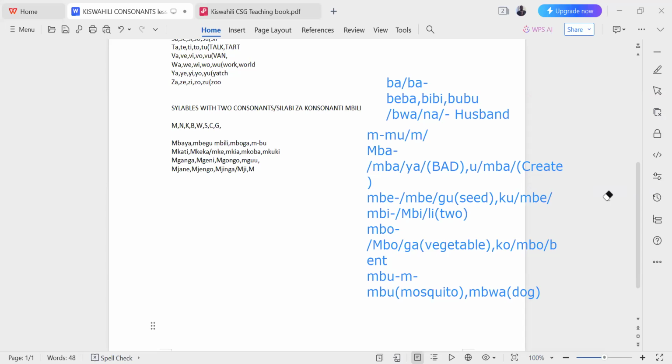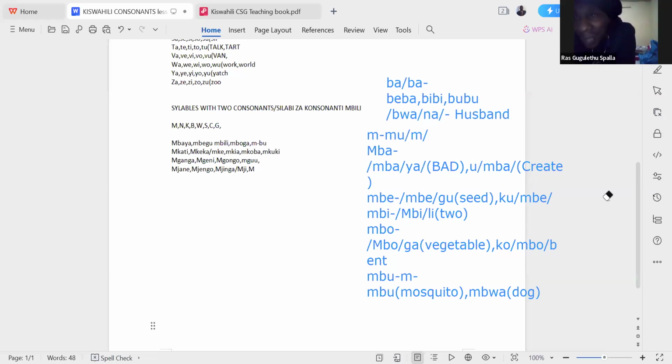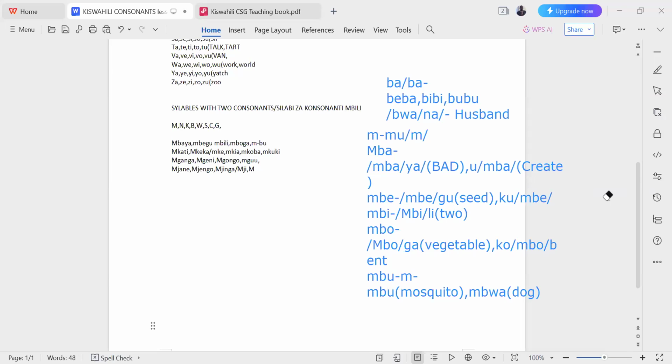Then the second one, that means great. Is it mba? It's umba. Oh, okay, I'm starting to understand how I can read this. Umba. Yes. Then the other one is the one that means seed. Mbegu. Mbegu, yes. The other one is?